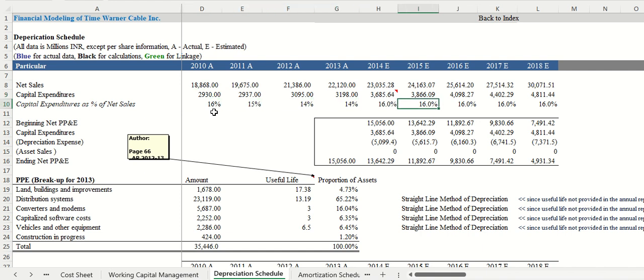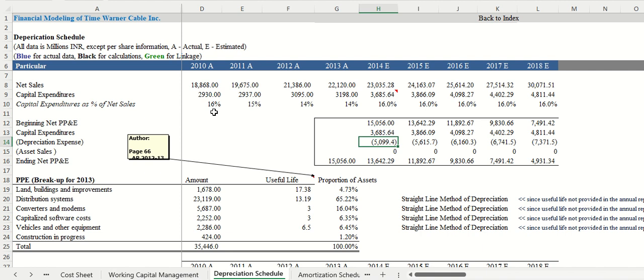It's a percentage of net sales: 14%, 13%, 16%. Then we have the beginning net PPE, 15.056%. Then we have the capital expenditure, 36.85%. This is the addition to the beginning PPE.